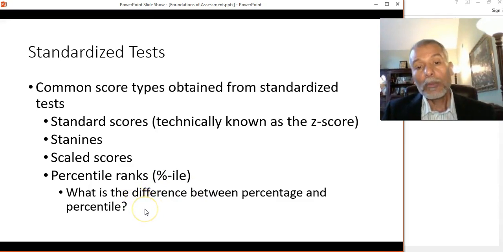So what is the difference between percentages and percentiles? Why do we never use percentages in our testing? Percentage would be based on how many items of the test were done correctly. See, focusing on items, and we do not do that.